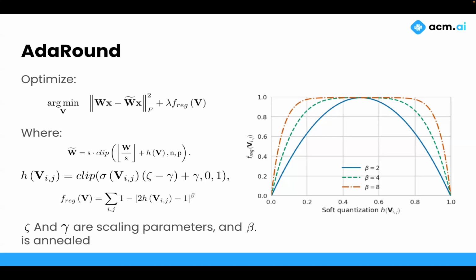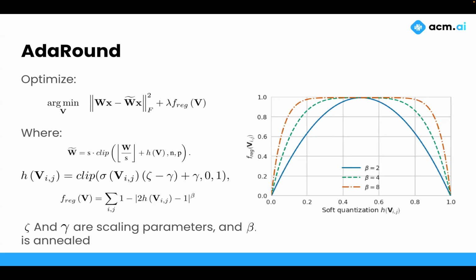Okay. Any questions? Yeah, go ahead. This again. You just clip it between 0 and 1. We do this because with the sigmoid, the gradients are 0 at the edges, which is what we don't really want. So we scale it up from basically negative 0.1 to 1.1.